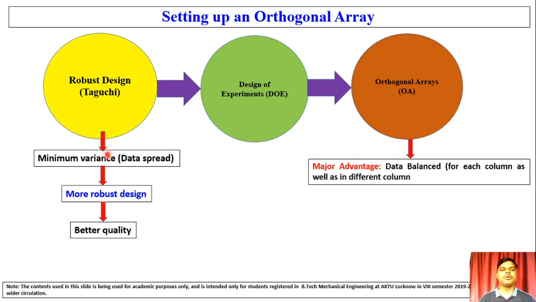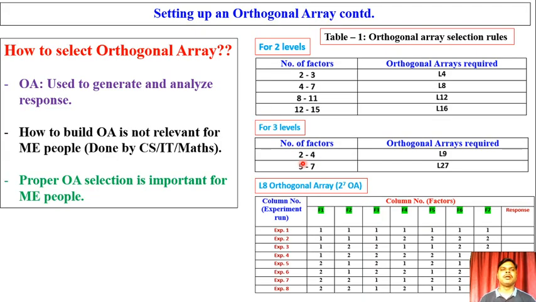So if we go for more robust design, then the quality will be far better as compared to the normal design. So selection of an orthogonal array is an important aspect that has to be chosen suitably, because as mechanical engineers, we do not have a purpose to draw or to construct or to build an orthogonal array.